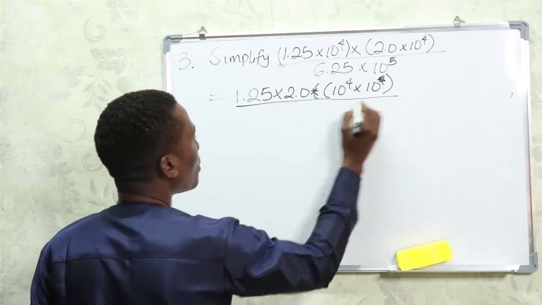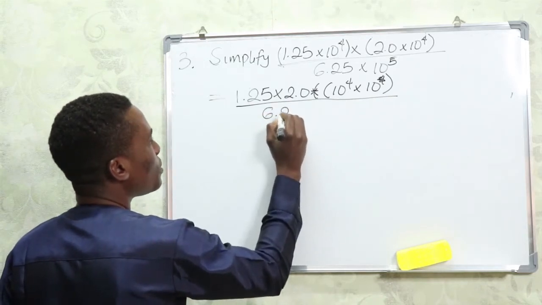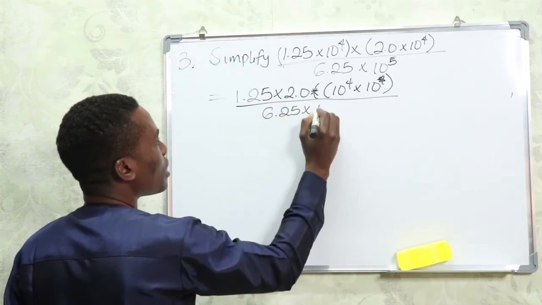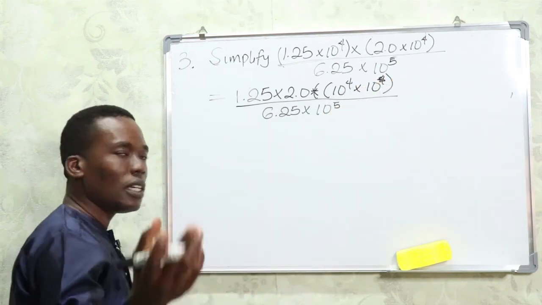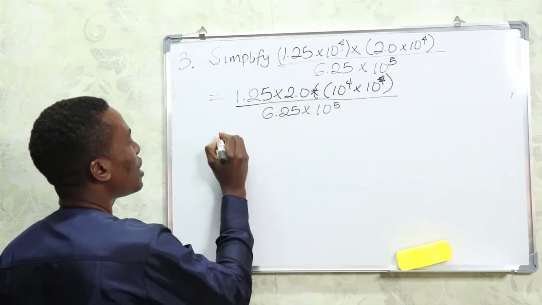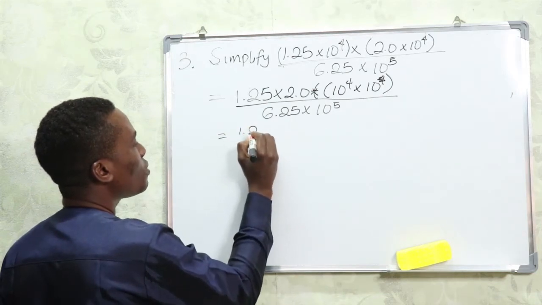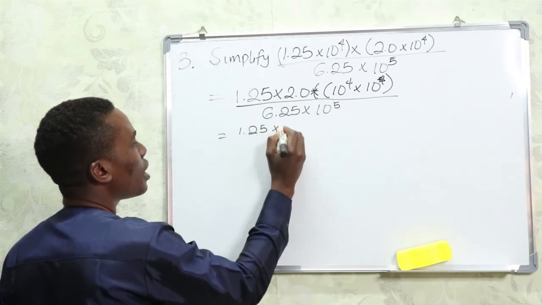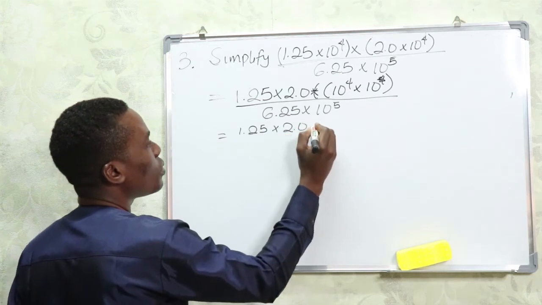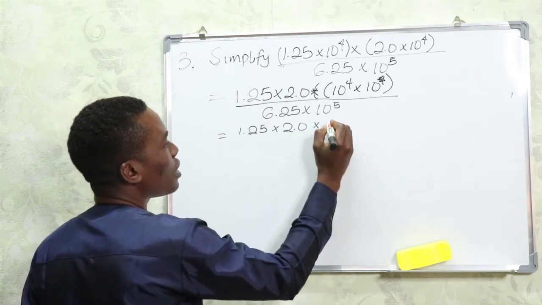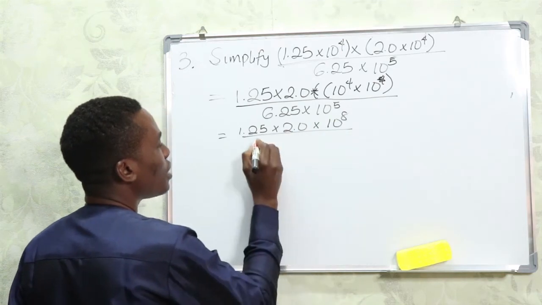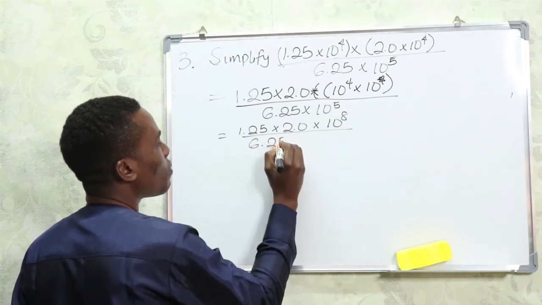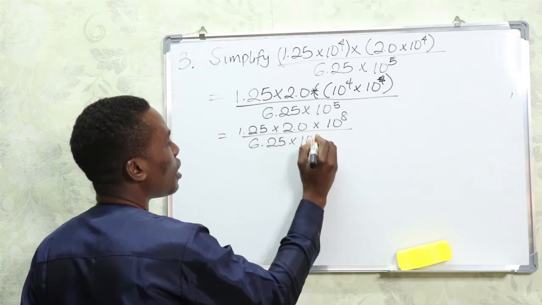That will be all over 6.25 times 10 raised to the power 5. So using our product rule of indices, we can simplify this, and that will give us 1.25 times 2.0 multiplied by 10 raised to the power 8 divided by 6.25 times 10 raised to the power 5.